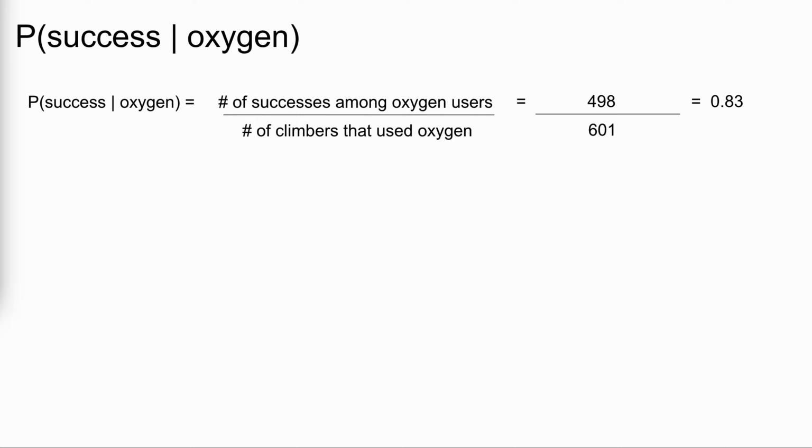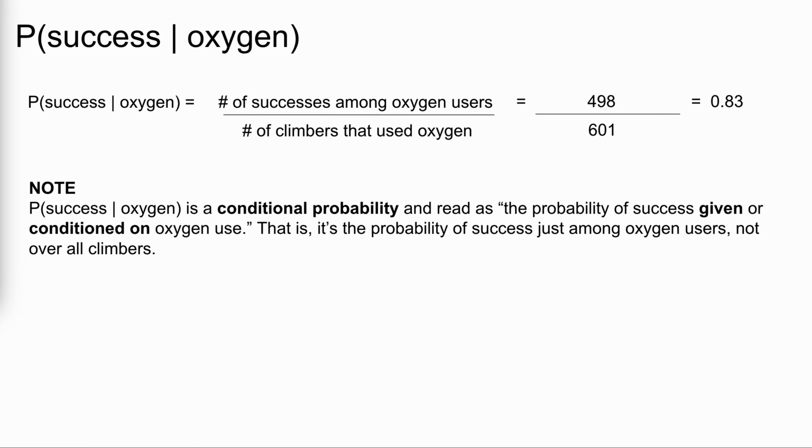This type of probability also has a special name. It's a conditional probability and can be read as the probability of success given or conditioned on oxygen use. That is, it's the probability of success just among oxygen users, not overall climbers. Further, we can convert this conditional probability into odds.